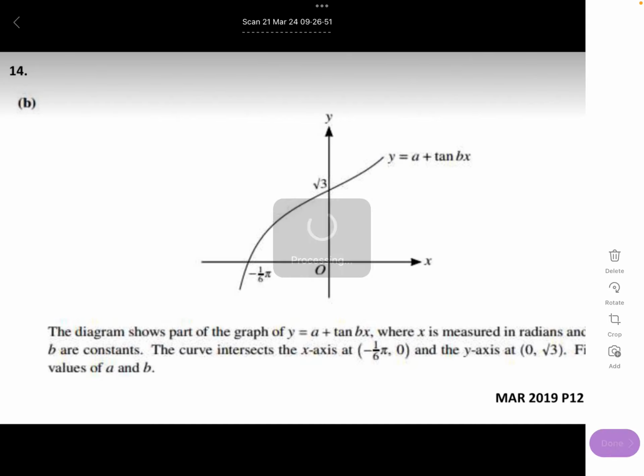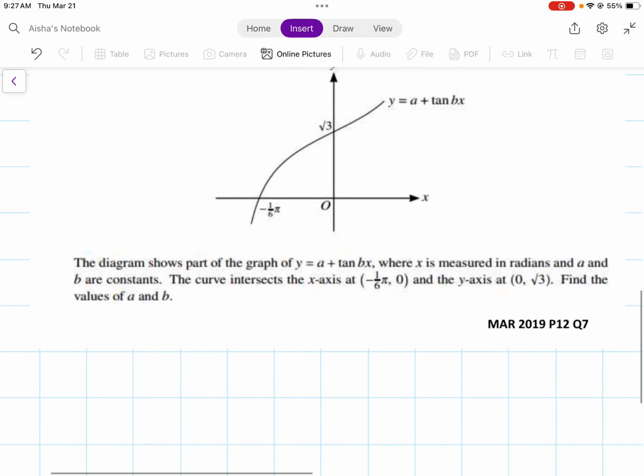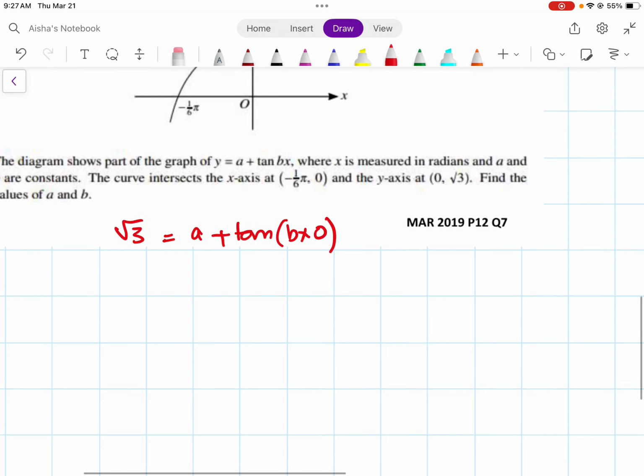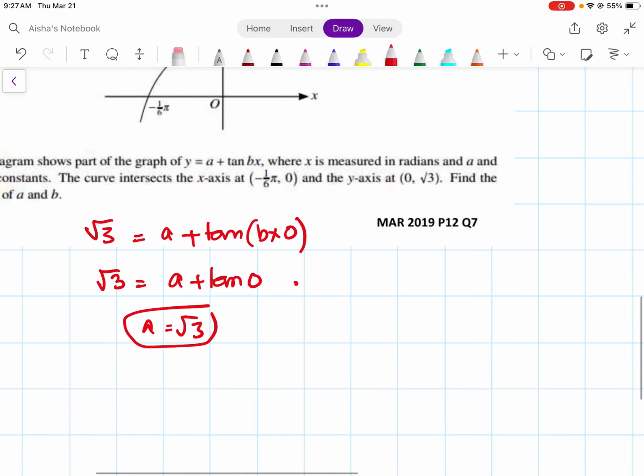Once again, we have 2 points. y is equal to a plus tan(b x). Under root 3 is equal to a plus tan b into 0. Tan 0 is 0, so the value of a is under root 3.